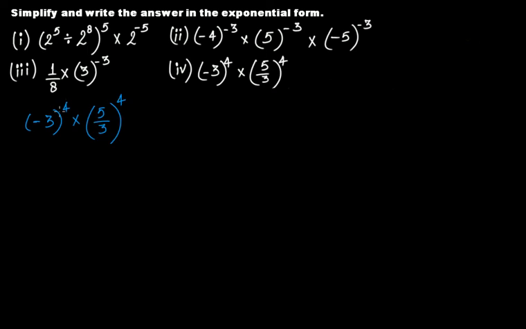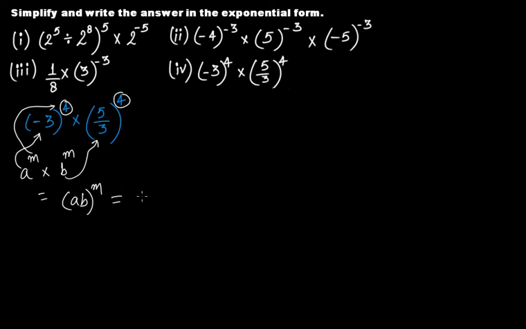Now if you look here, this exponent is 4, this is also 4. Okay, so it's of the form a raised to power of m multiplied by b raised to power of m, where your a is minus 3, your b is 5 by 3, your m is 4. So this is actually equal to a multiplied by b raised to power of m.